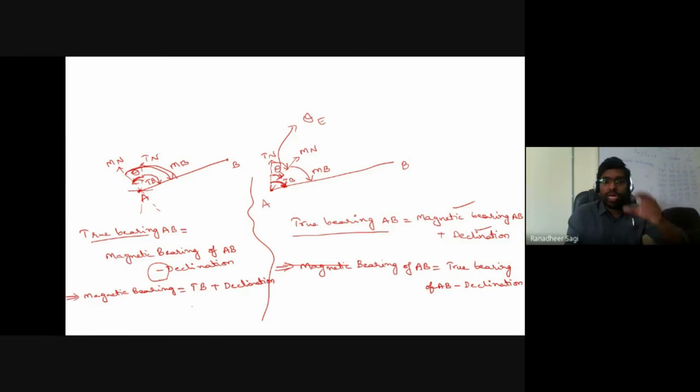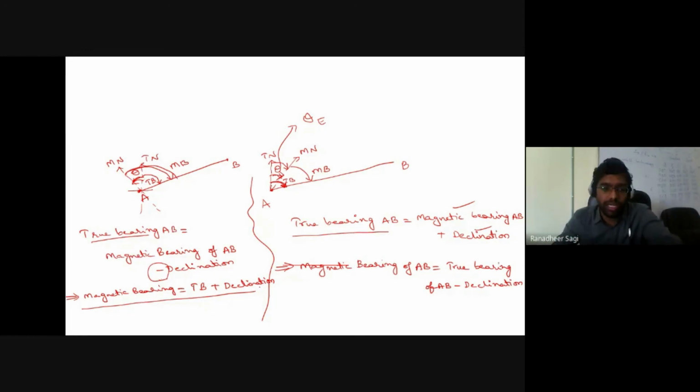So when true bearing and declination are known, and the declination is towards your west, the magnetic bearing is calculated like this. Don't blindly remember, just draw or represent that geometry, and from that itself you will understand whether to add, subtract, or what to do. You will very clearly understand it.